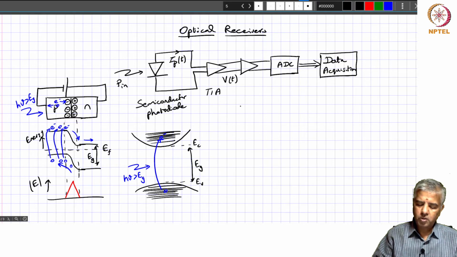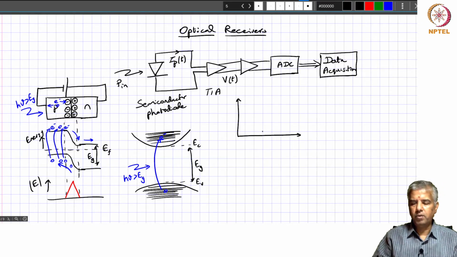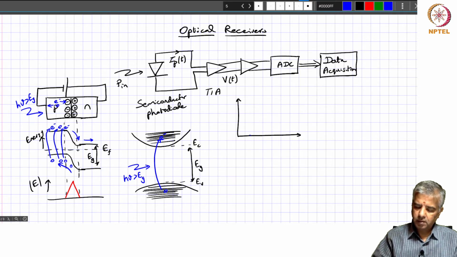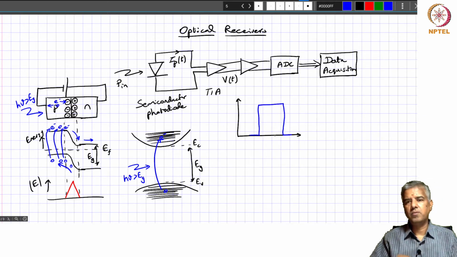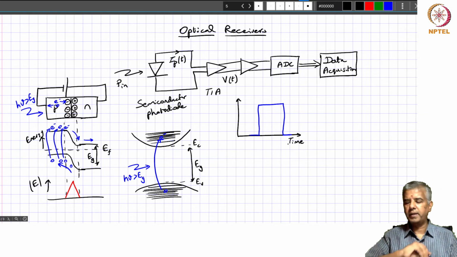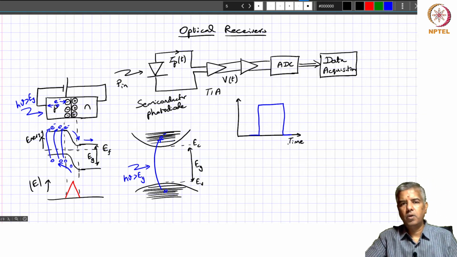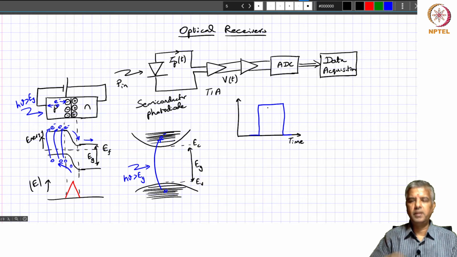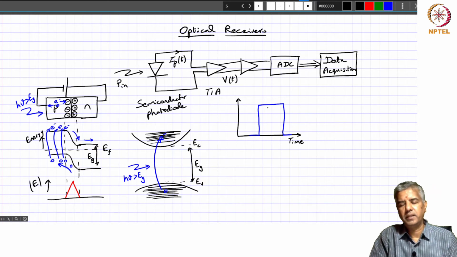When you talk about response, what we are talking about is, let's say you have a pulse of light coming in, right? A pulse of light, and here we are looking at this as a function of time. Now, how fast does this detector respond to change in the power? So that's the key question.